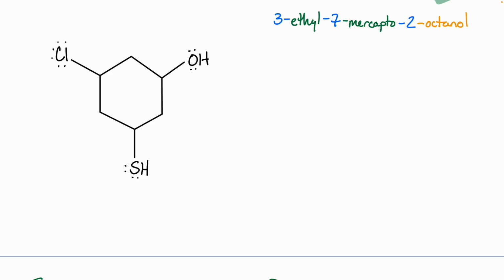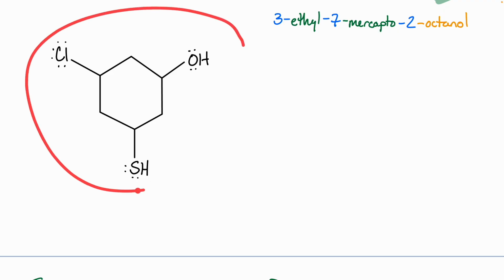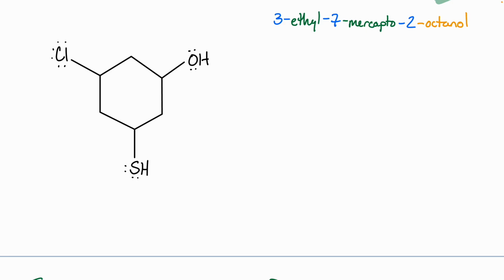All right, so this one is kind of a deceivingly tricky one here. So first of all, which one of these groups, the hydroxyl, the chloro, or the thiol group, is my highest priority group? That OH group. So that's going to become my functional group in my molecule here. My parent chain would be cyclohexanol. All right.